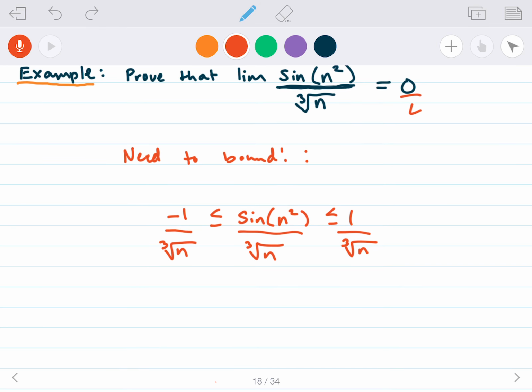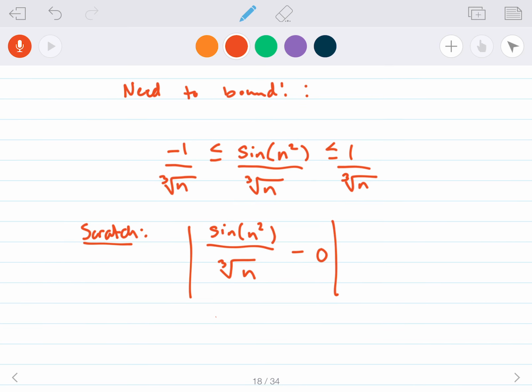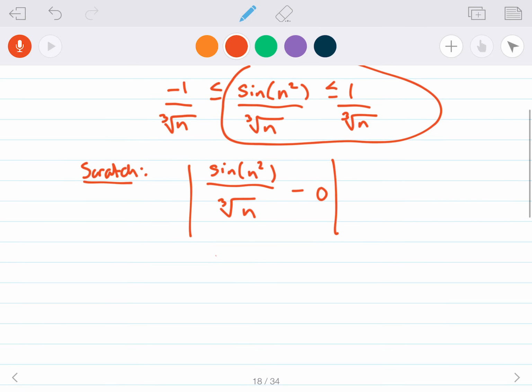Okay? So, what am I going to do? Well, I'm going to start from where I would normally start. I'm going to say the absolute value of sine of n squared over third root of n, minus 0, is less than or equal to 1 over third root of n.